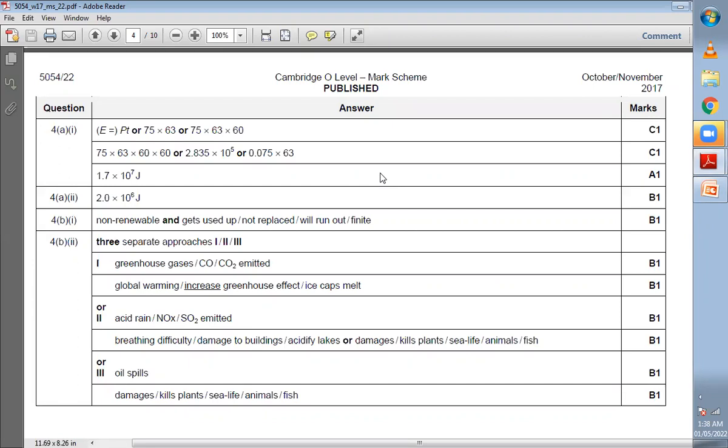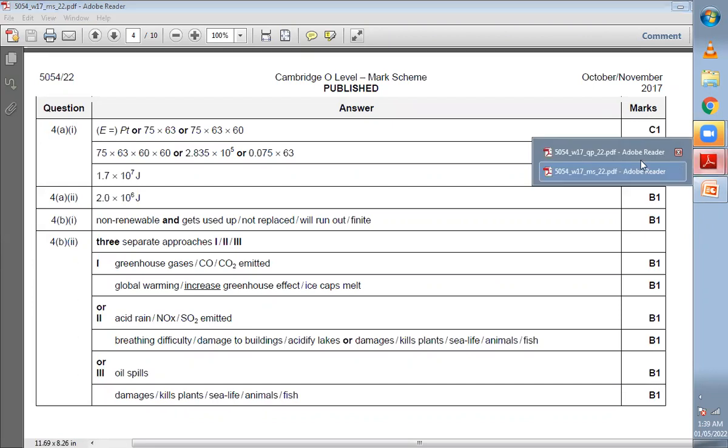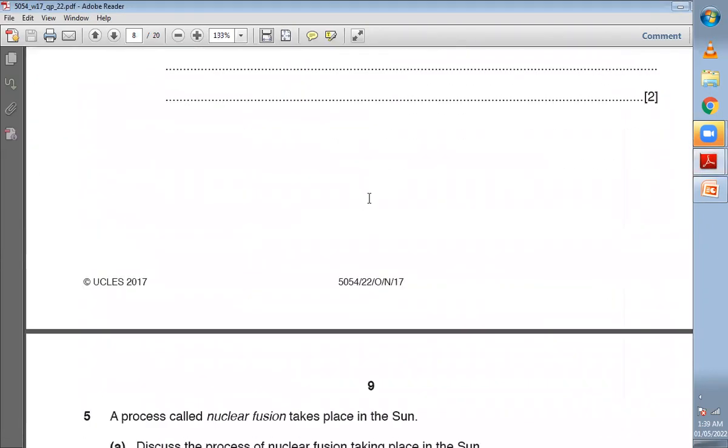Check my answers, your teacher's answers, the answers you have in the red spot. Compare them always with the marking scheme if you want to master this paper. So hopefully you have checked the marking scheme. I have already checked my answers with the marking scheme.